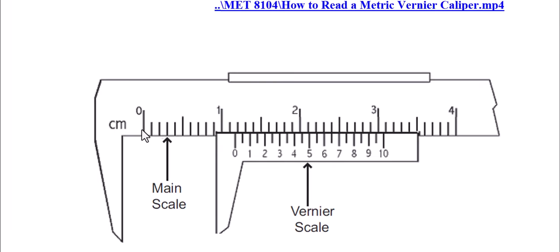So we have the main scale. It is 1 millimeter, 2, 3, 4, 5, 6, 7, 8, 9, 10 millimeters, 11 millimeters. So the vernier scale starts after 11 millimeters, and if you observe it very carefully, you find that the vernier scale start is almost above the half of the main scale.